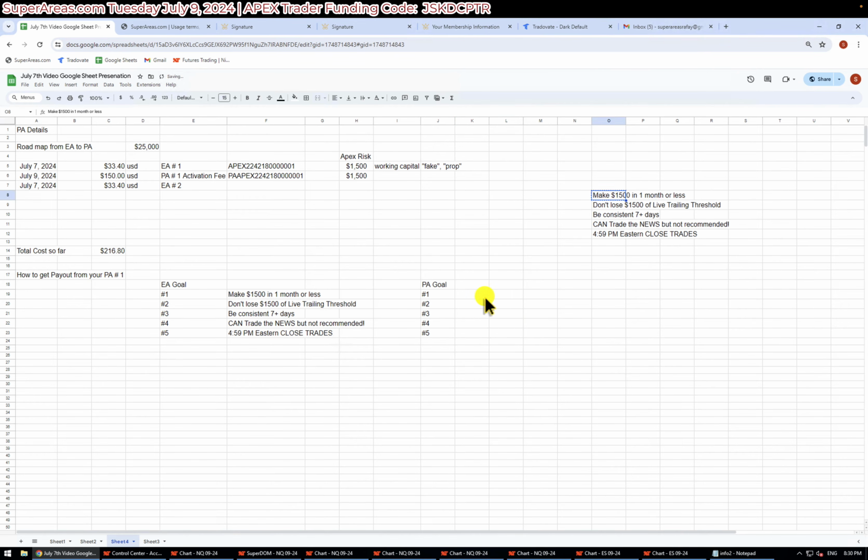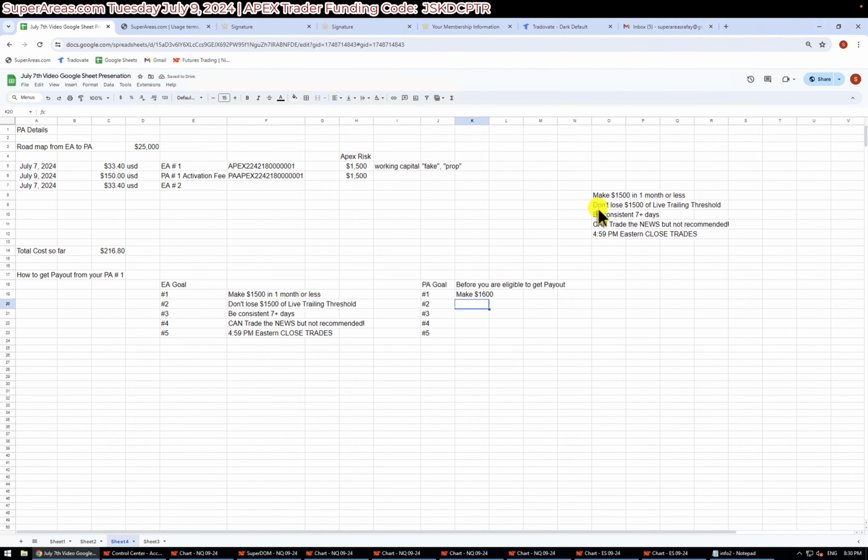Make $1,500, first rule. That's it. Just make $1,600, because rules slightly change. You have to make $1,600 before you are eligible to get a payout. So rule number one, make $1,600.